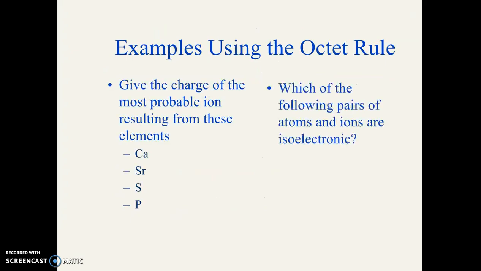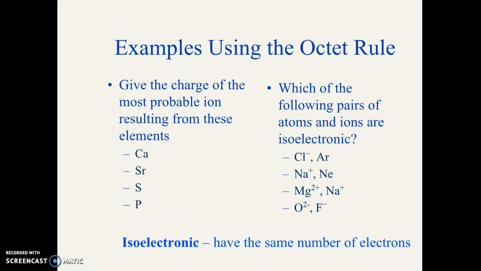So examples using the octet rule. Give the charge of the most probable ion resulting from these elements. If you don't know how to do this by their column number, we're going to go through this and review it in class. And then we're going to determine the isoelectronic pairs as well.